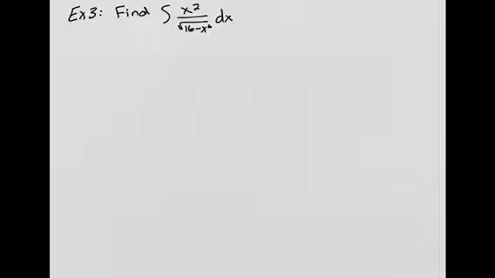when I do my du, I'd have a negative 6x to the 5th, which doesn't match this x squared in the numerator. But if I let a be 4 and u be x cubed, then when I do du, this would be 3x squared, which is close. So I would really have a 1/3 du to get my x squared dx.